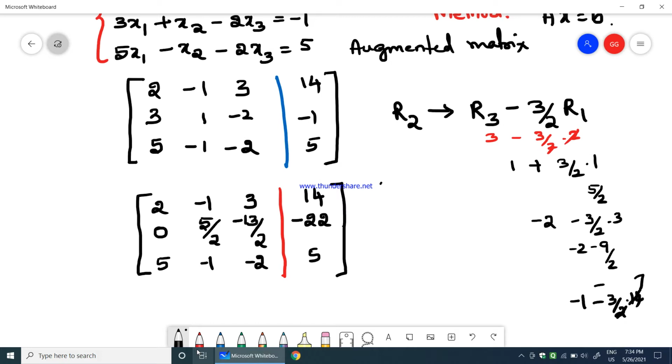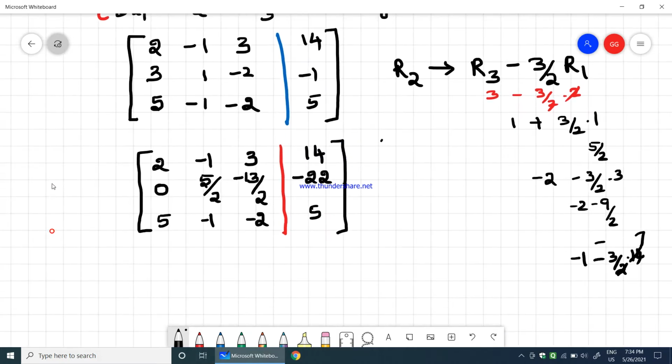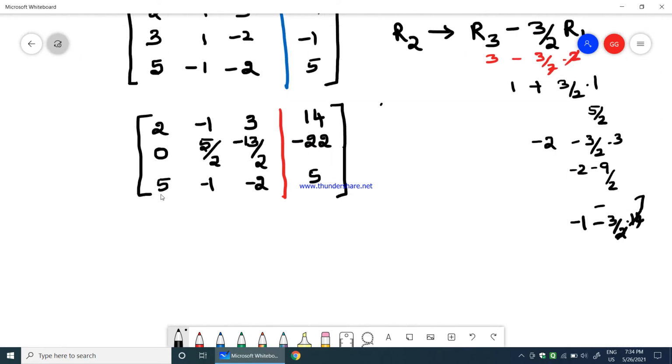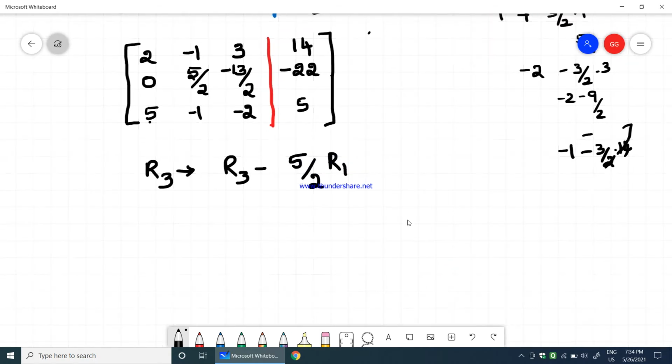This is the first operation. Now I should make this entry 0, so row 3 equals row 3 minus 5 by 2 times row 1. Let us see what happens.